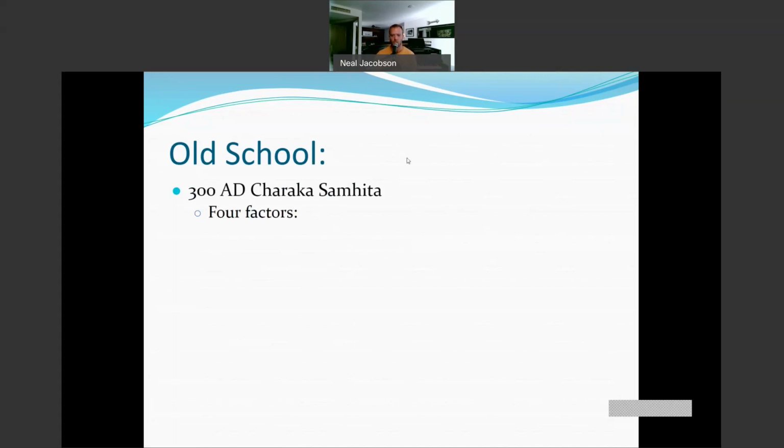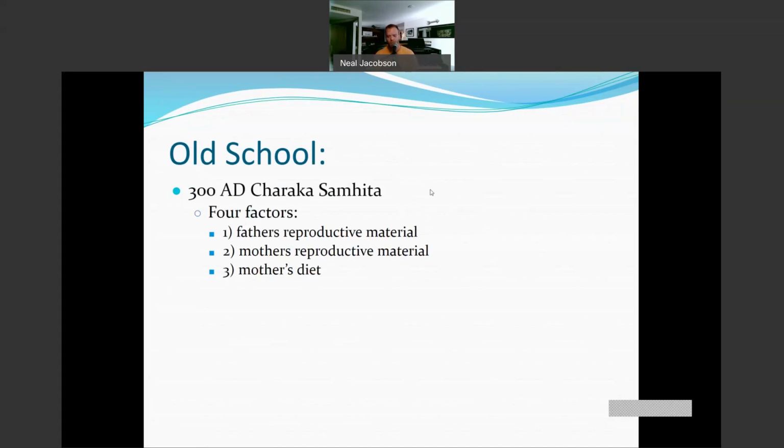The things that the Charaka Samhita took into account make sense, right? The father's reproductive material, the sperm, and the mother's reproductive material, the egg. So they knew there was something the father donated and something the mother donated. And they also took into account the mother's diet.